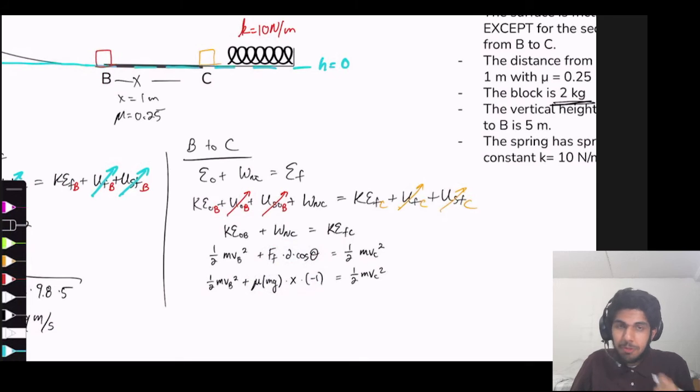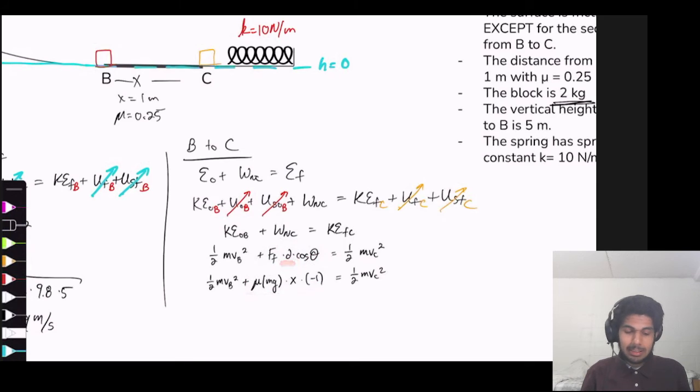So if we take the sum of the forces in the y direction, we get Fn minus Fg is equal to 0 because we're not accelerating in that direction. So we have Fn equals Fg, so Fn equals mg. So this Ff is mu times Fn, so that's mu times mg.